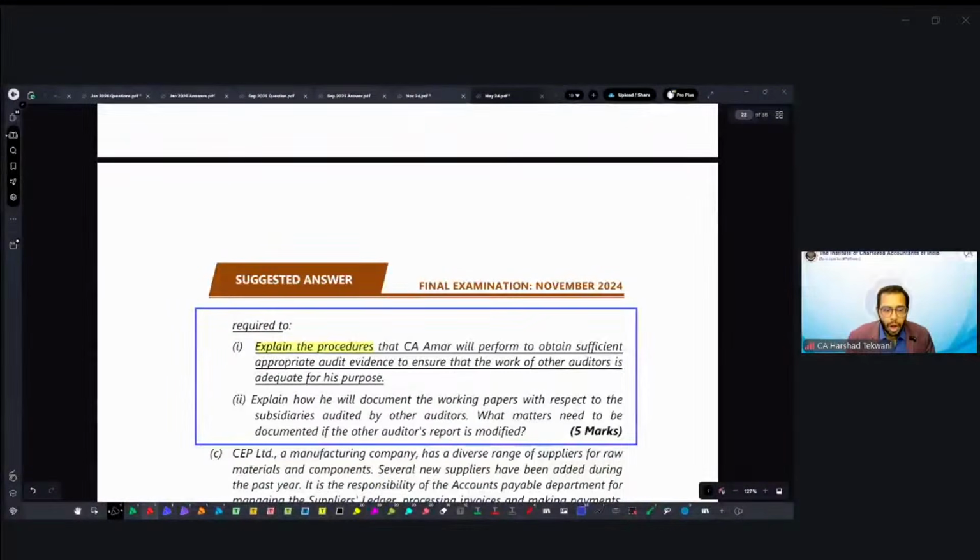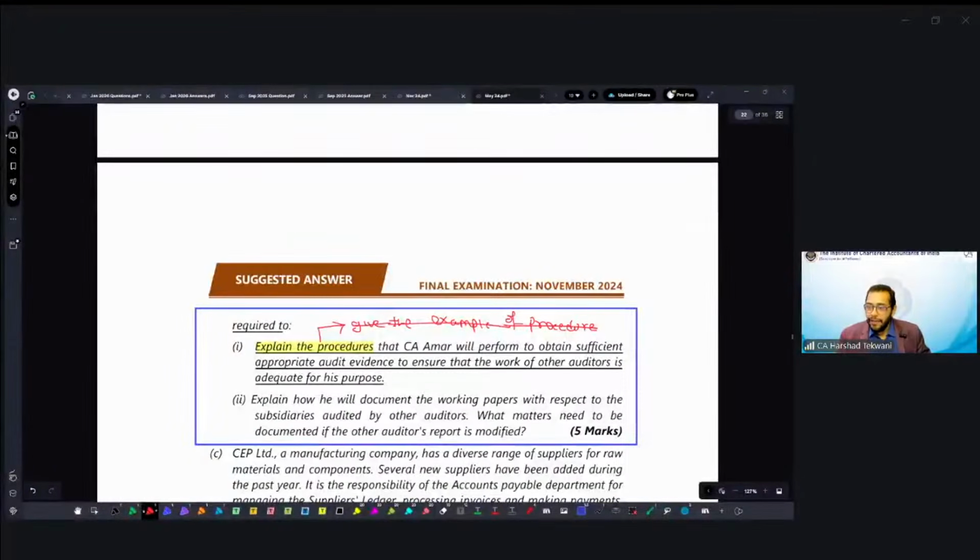It is not written to give the example of the procedure. No, it is not written like that. You are not asked for examples. You are required to explain the procedure. Remember, you need to understand what is asked; only then will you be able to write the answer.